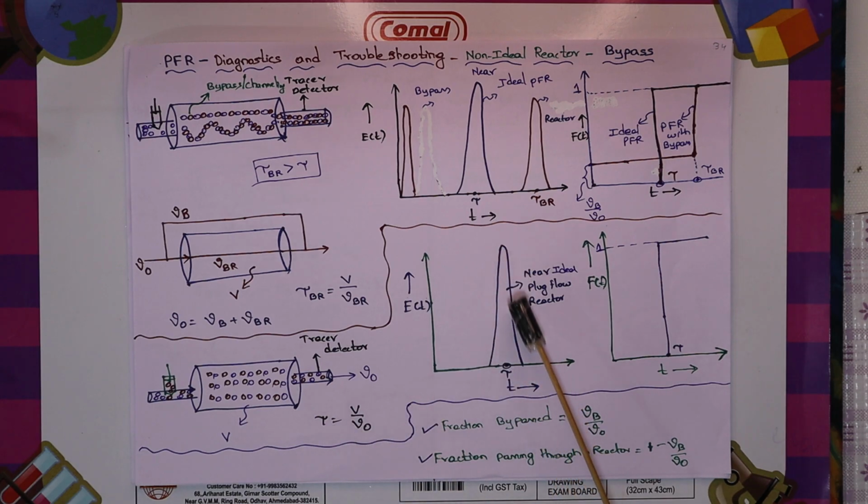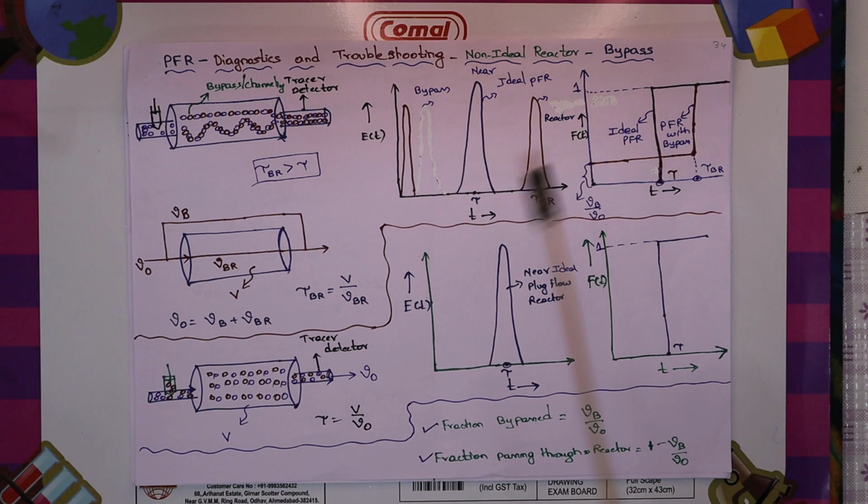This is how the near ideal residence time distribution graph should look. How should the F of t graph look? After time tau spent in the reactor, the entire fraction, that means 100% of the molecules, comes out at time tau, which is represented by the F of t curve.